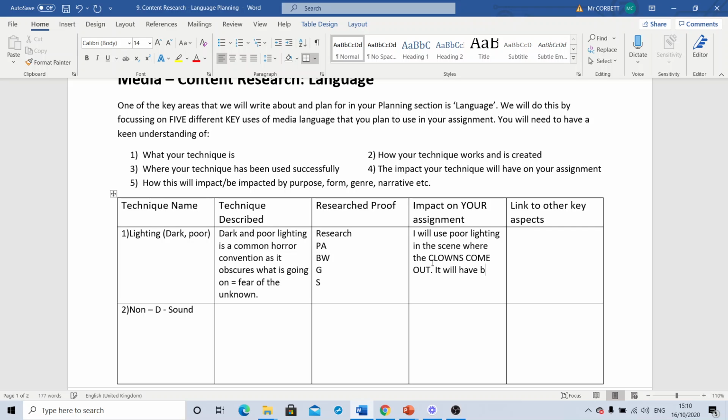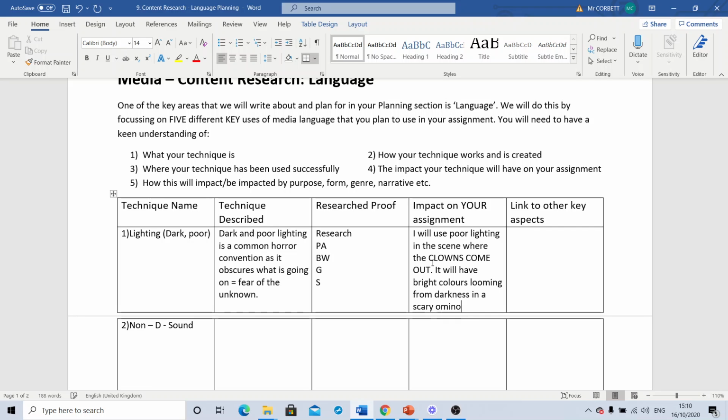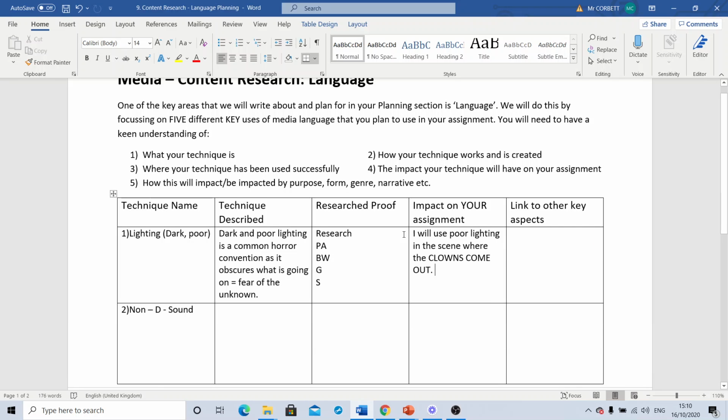It will have bright colours coming from darkness in a scary, ominous way. Alright, that's something you can put in. And you're describing what it'll do, what you'll be doing, and how it's going to kind of work.